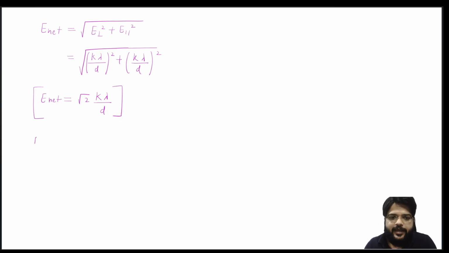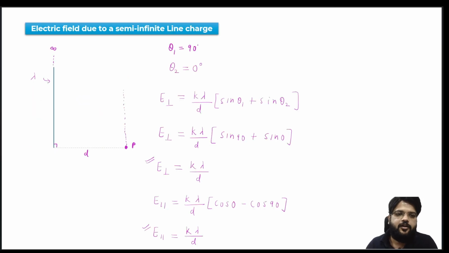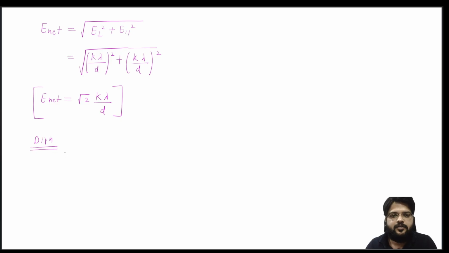Now we want the direction of the net electric field at the P point. So this is E perpendicular, and this is E parallel, and this is the direction of the net electric field. Let's suppose this angle is theta, everyone. We are looking for this angle theta.